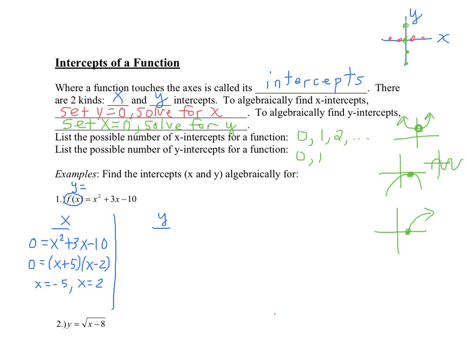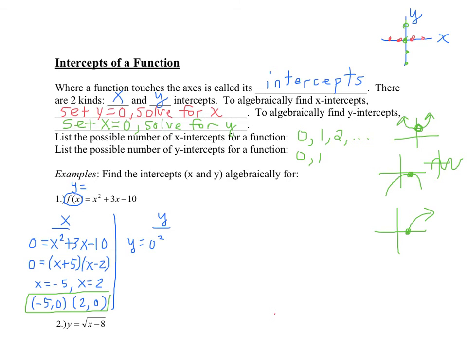Alright, and let's get in the habit of writing our answers as coordinates. If we do that, since it's an x-intercept, we know y is 0, so we would have our points right here, our x-intercepts. For the y-intercept, we said this is where you're going to throw a 0 in for x.